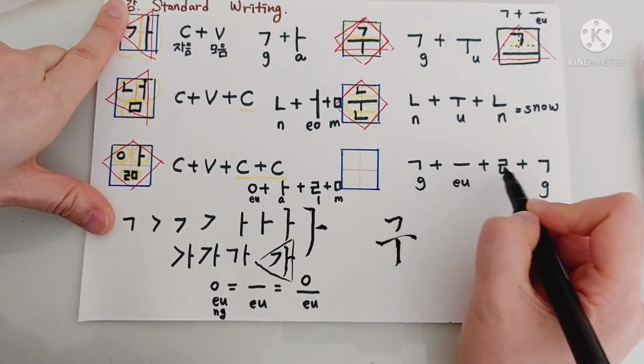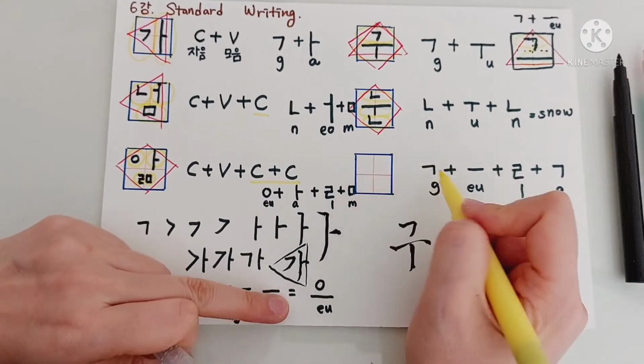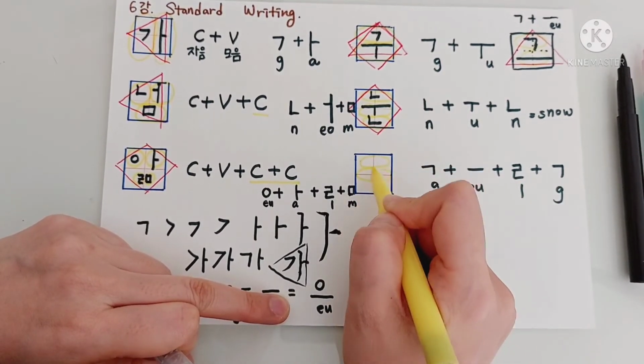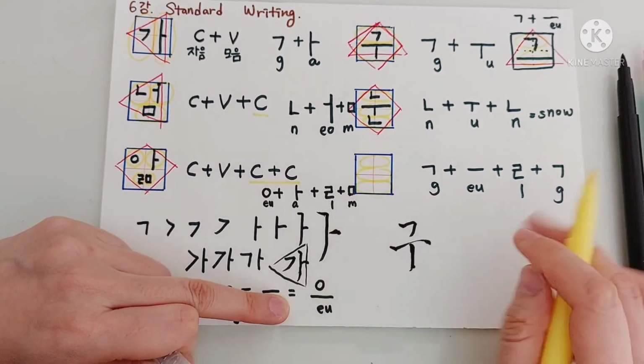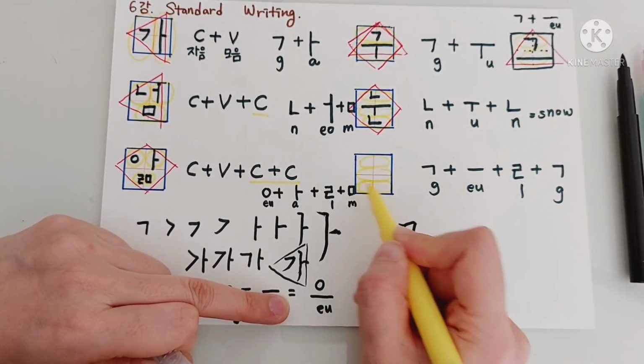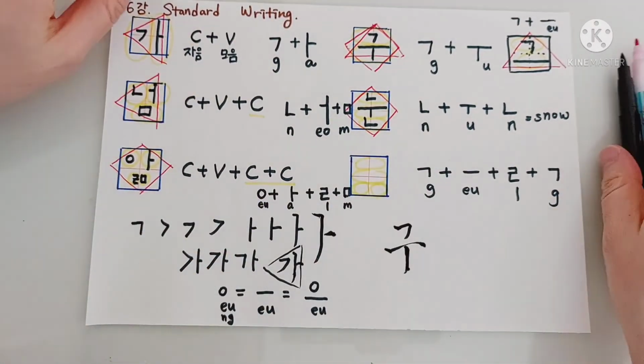So this one should go 그 on the top, in the middle, and then the bottom. And in the bottom, we will put two parts, but almost in the middle.